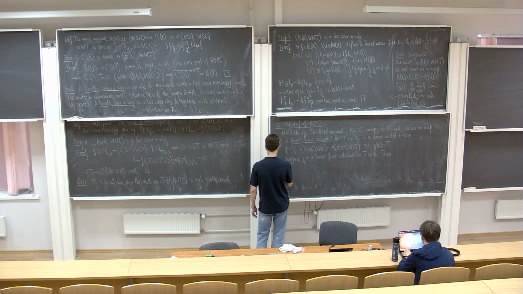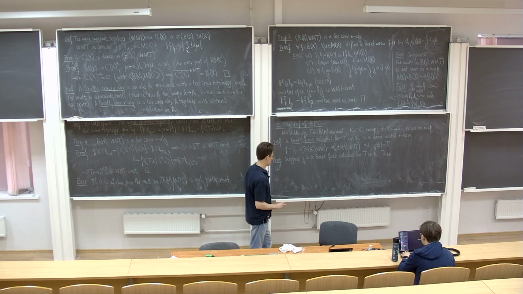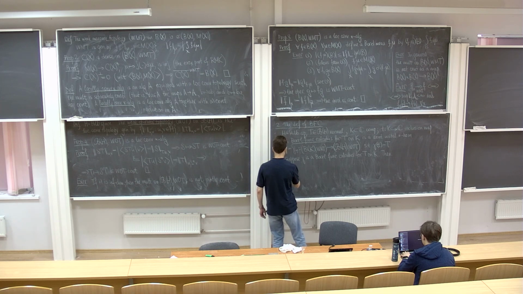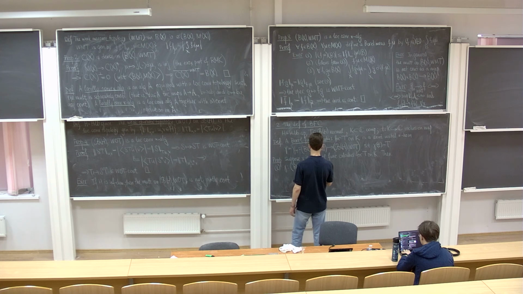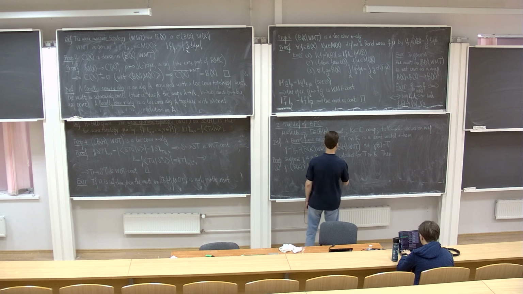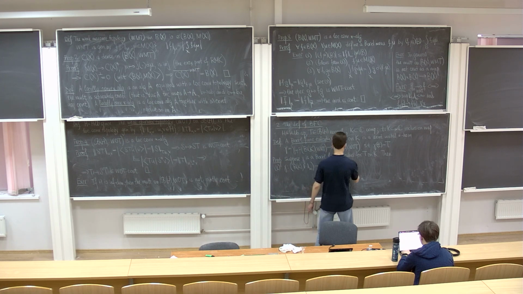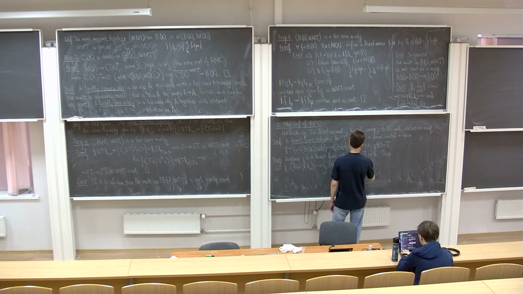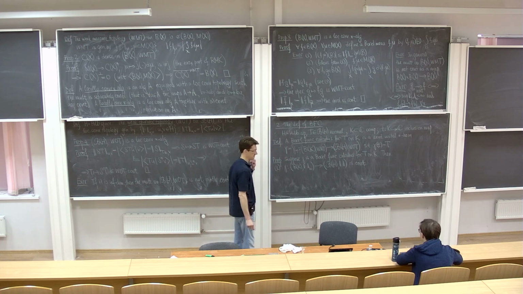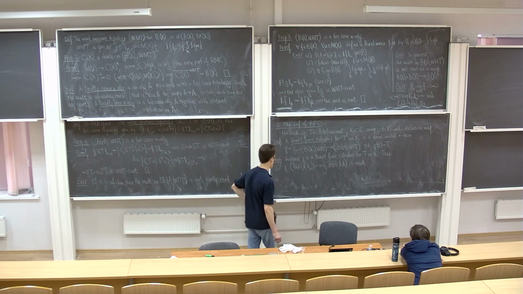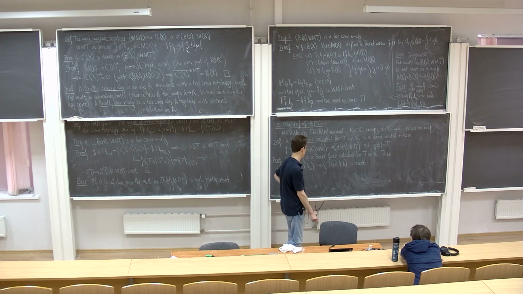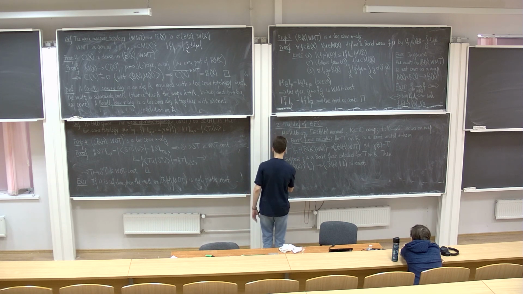First of all, gamma will be continuous with respect to the norm topologies: the usual supremum norm on B(K), and the usual operator norm on B(H). And this is immediate from the fact that each unital star homomorphism between unital C-star algebras is automatically continuous. This was proved some time ago.